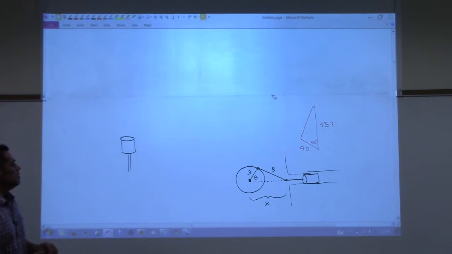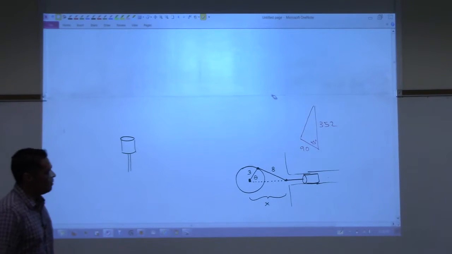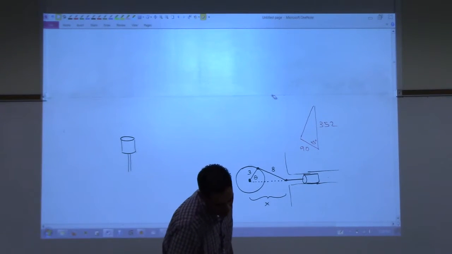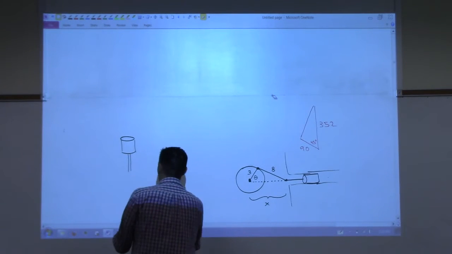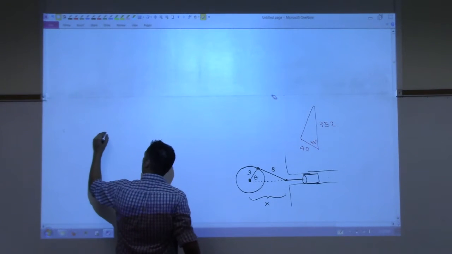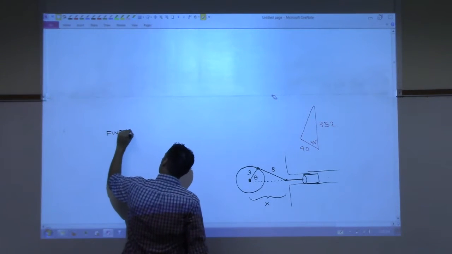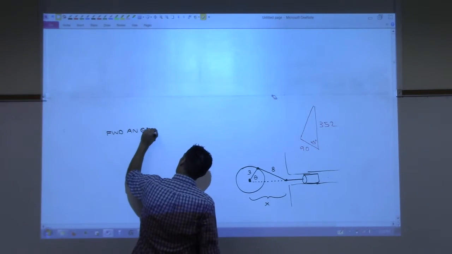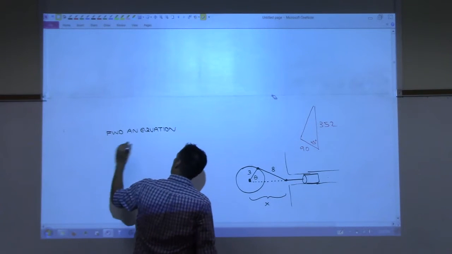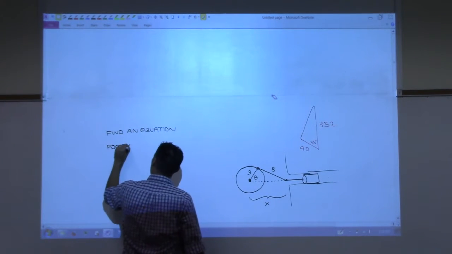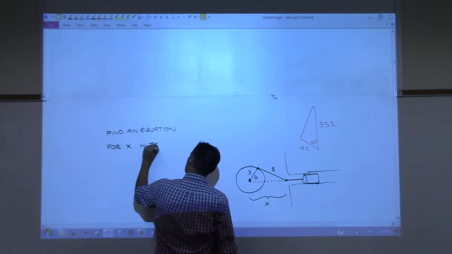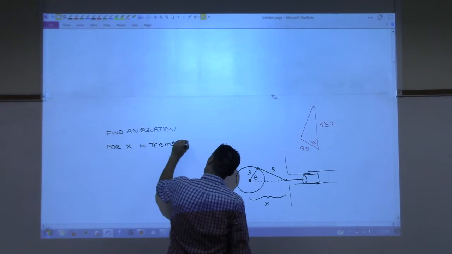Okay, so in this problem, what I'd like for us to do is find an equation for x in terms of theta.